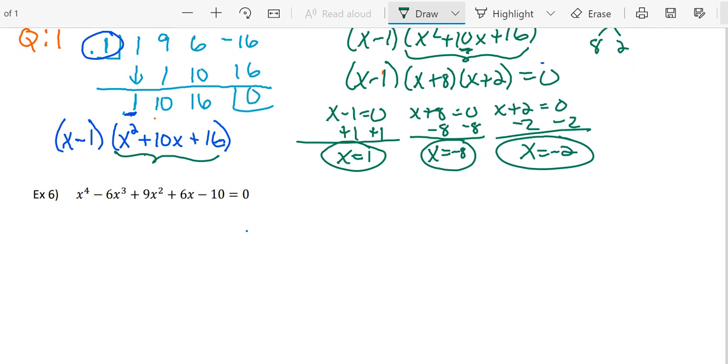We have to break it down to x squareds and x to the 1st powers. Once you get to this point where you can't factor, there's no x squared, there's no x, this is when you have to use the rational zero theorem.